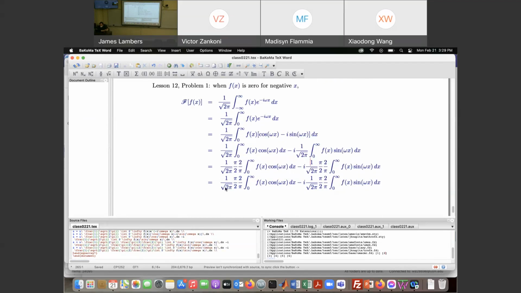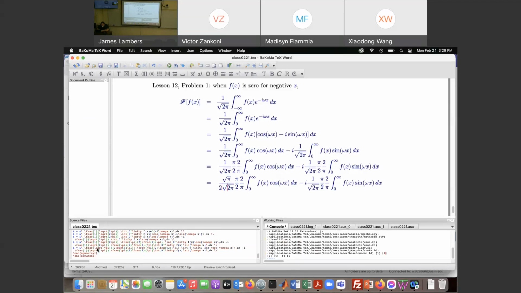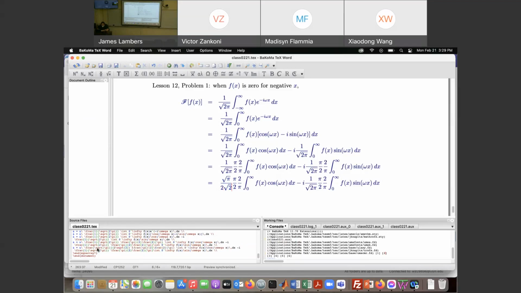And then we also have a 2 to the square root of 2. So I'll have square root of pi up top, 2 square root of 2 down below. That gets rid of pi over 2. And then same thing in the upper fraction.